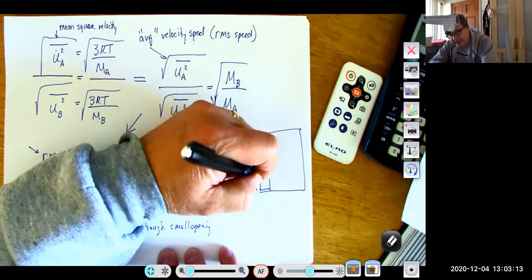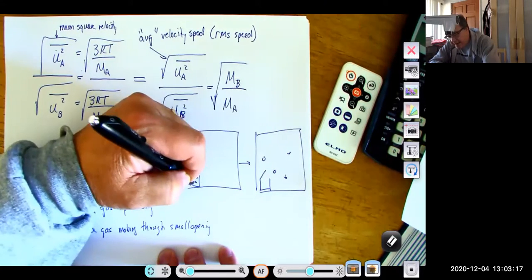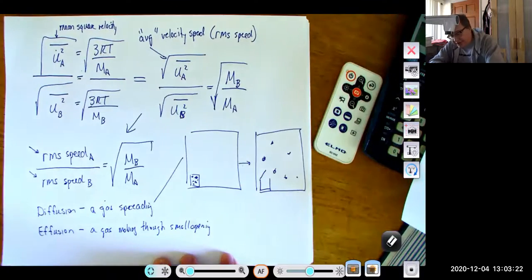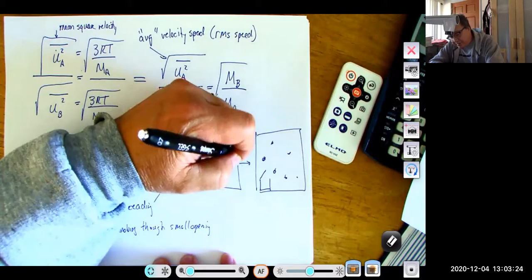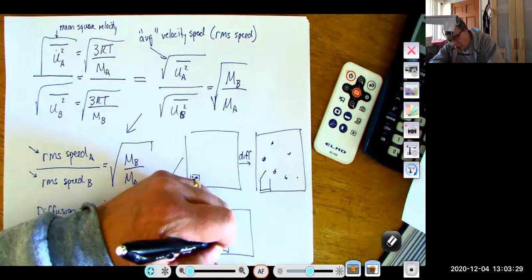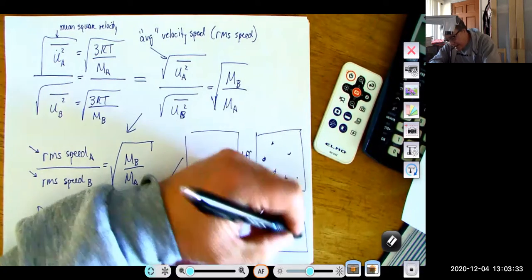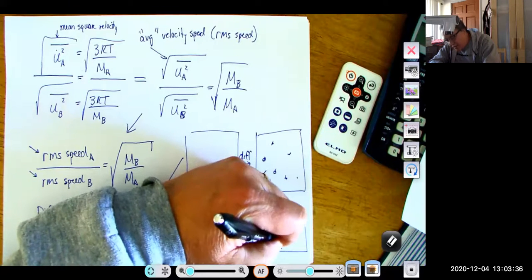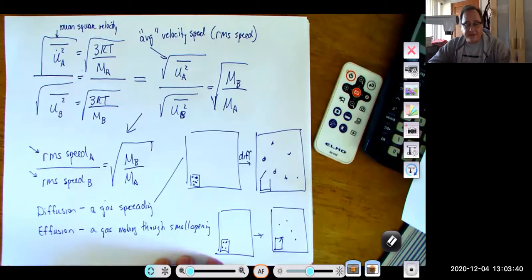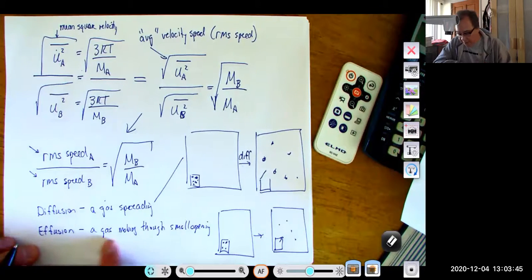You open the lid, and what we're talking about is how fast these particles get out into the room. This is diffusion. Effusion would be when you have small little holes here, and it's how fast the gas gets through that tiny little opening and gets into the room. That's the big difference.